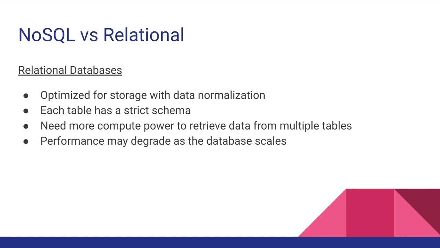Although it's not true for small database environments and small applications, when it comes to applications like social media applications which deal with big data, this really is the case. Also, relational databases typically have a strict schema.